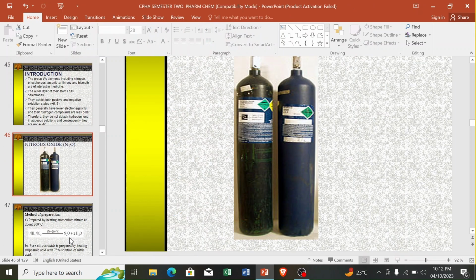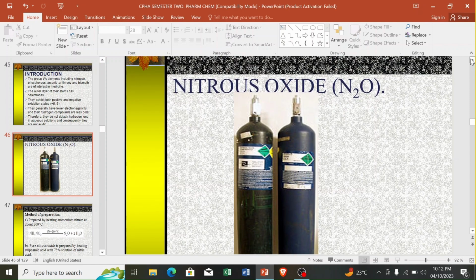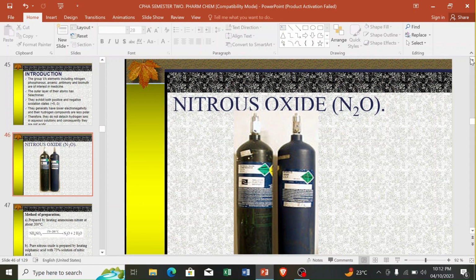So here we have a structural compound. I think most of us have seen these cylinders either somewhere or at least in the hospital setting. Some of them can contain oxygen, but this specific one has nitrous oxide.